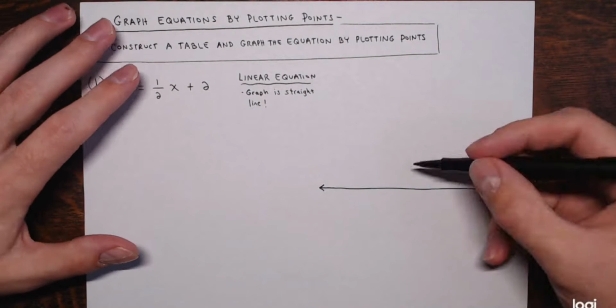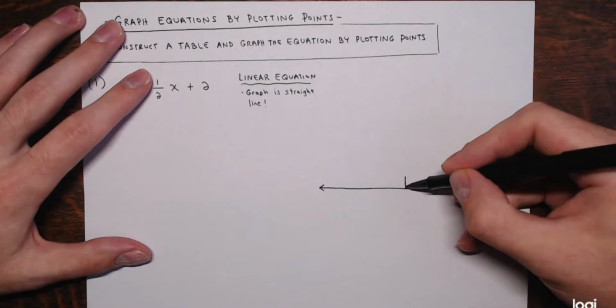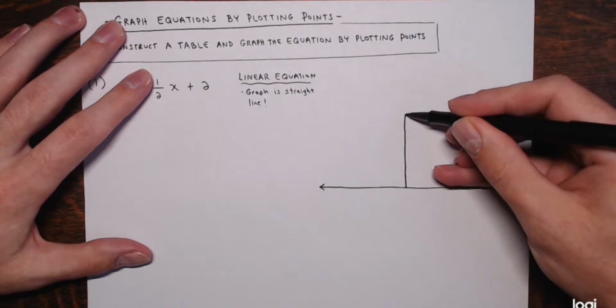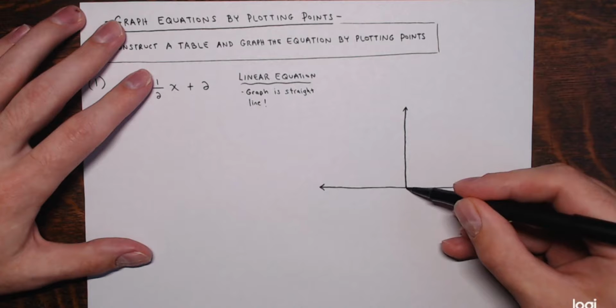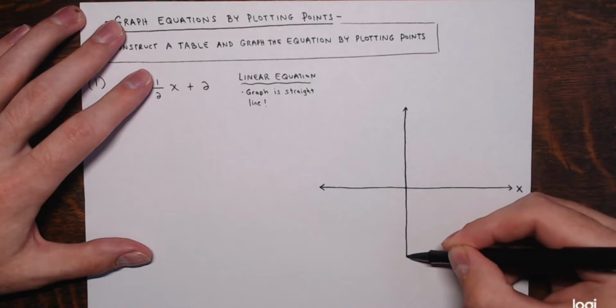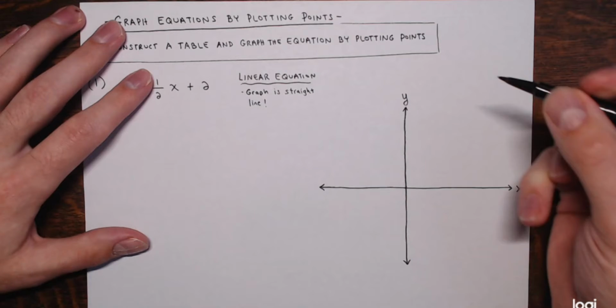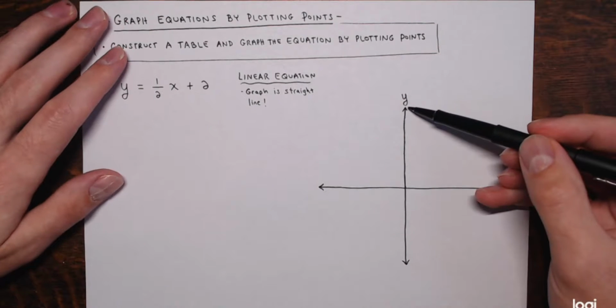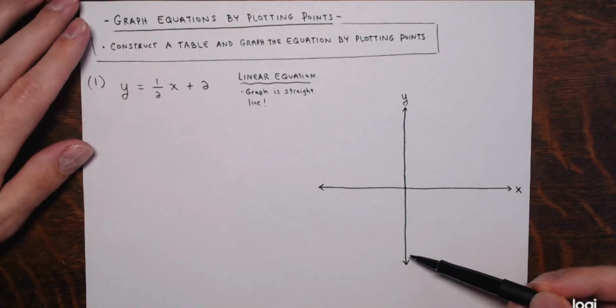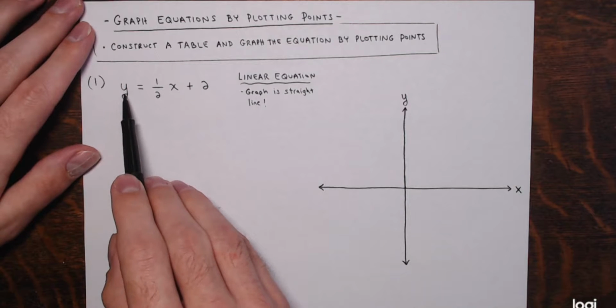And then perpendicular to that, forming a 90-degree angle, and again, I'm just eyeballing it, trying my best to make this look good by hand, you have a vertical number line, the y-axis. On this number line are possible values of the y variable in the equation.